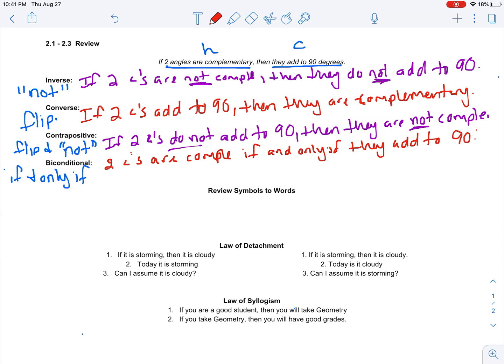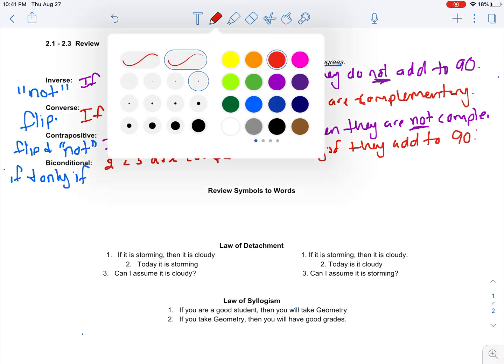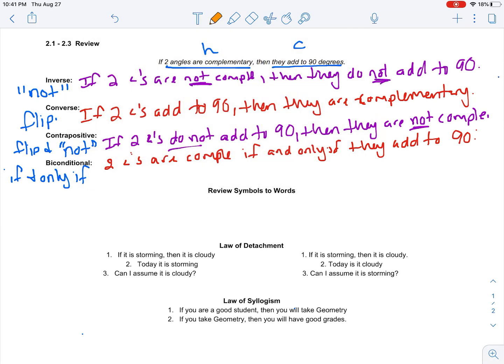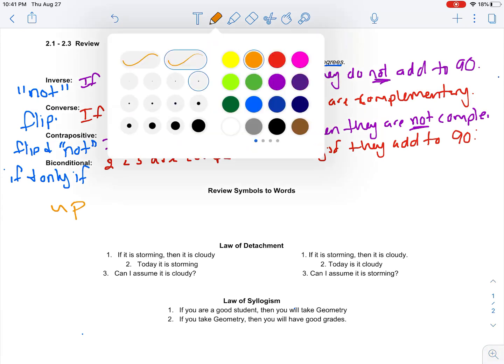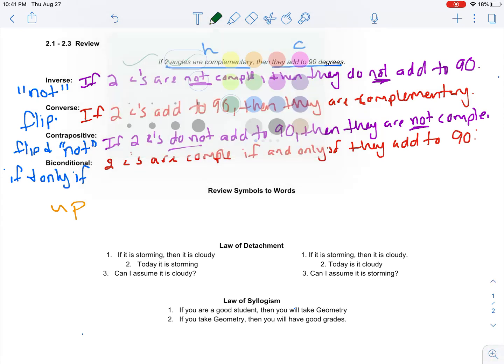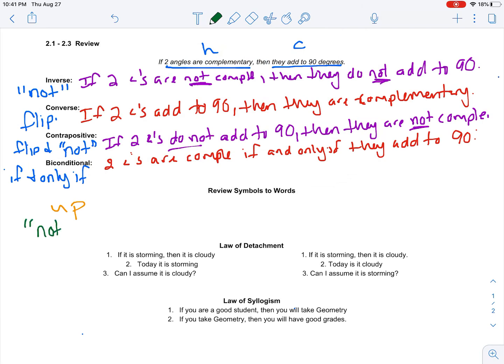So a couple of the symbols, just for a refresher, one of them was a squiggle in front of P. Okay, what did the squiggle mean? The squiggle meant we negated it. So this would be not P. Or if P represented our hypothesis and Q represented our conclusion, that would mean not P. So two angles are not complementary. Okay, what else did we have?